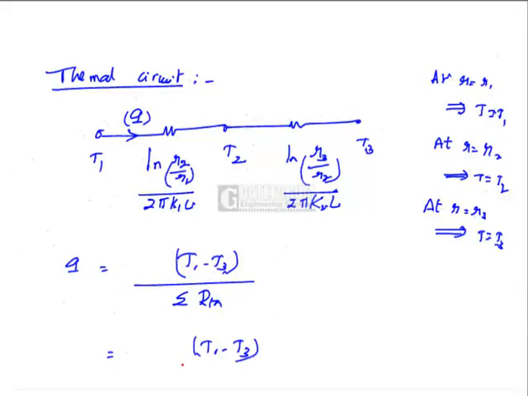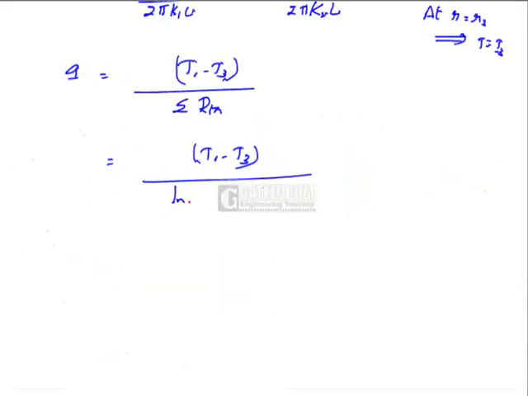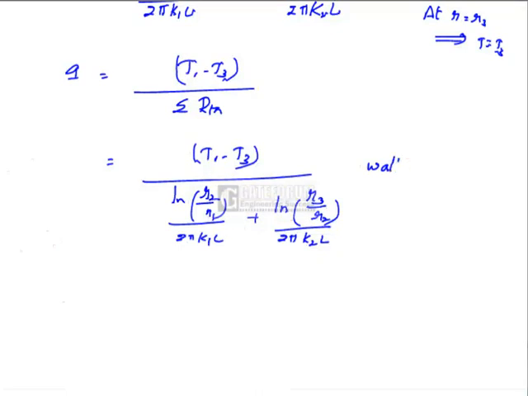That is, T1 minus T3 divided by log R2 by R1 divided by 2 pi K1 L plus log R3 by R2 divided by 2 pi K2 L. So, so many watts. This is the radial heat transfer rate through the hollow cylinder.